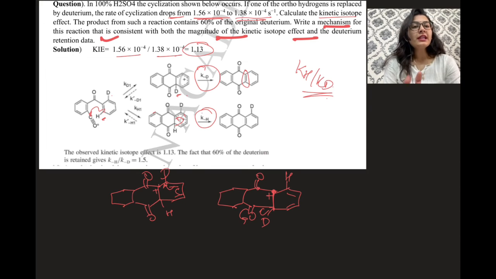So definitely the KH reaction is faster. The observed kinetic isotope effect is 1.13, which is a normal but secondary kinetic isotope effect. The fact that 60% of the deuterium is retained gives KH upon KD as 1.5, which is a bit higher than 1.13.